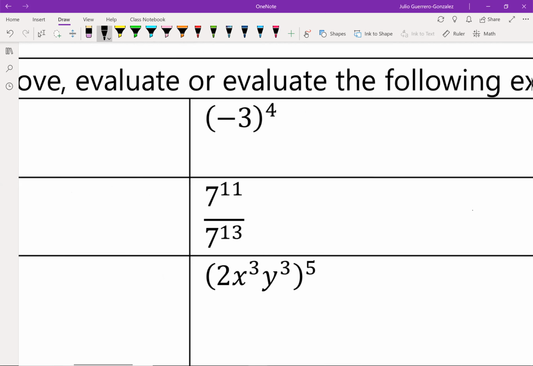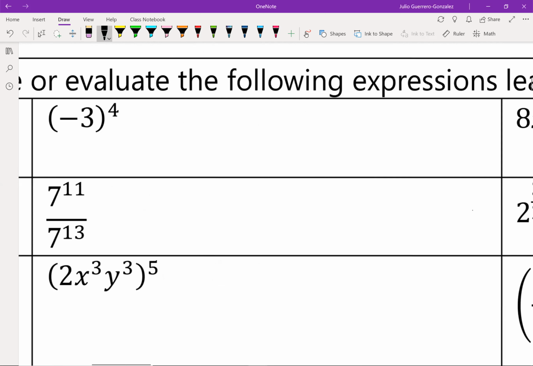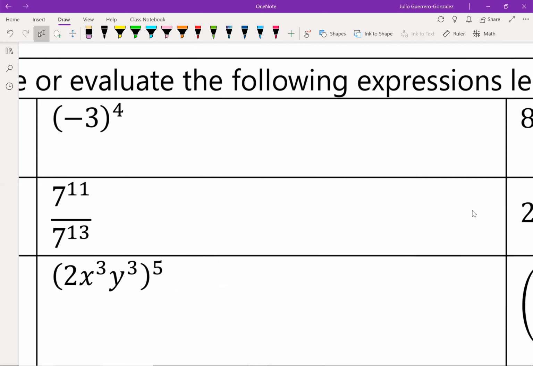Yay. But for this one, this is telling me to do what? Make all of them negative. So negative 3 times negative 3 times negative 3 times negative 3. All of these are multiplied, right?